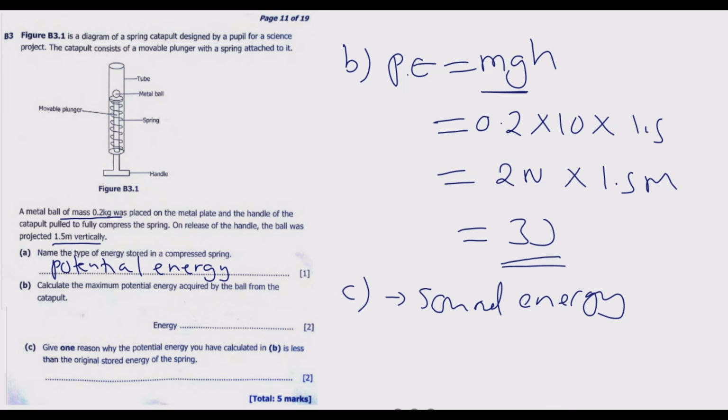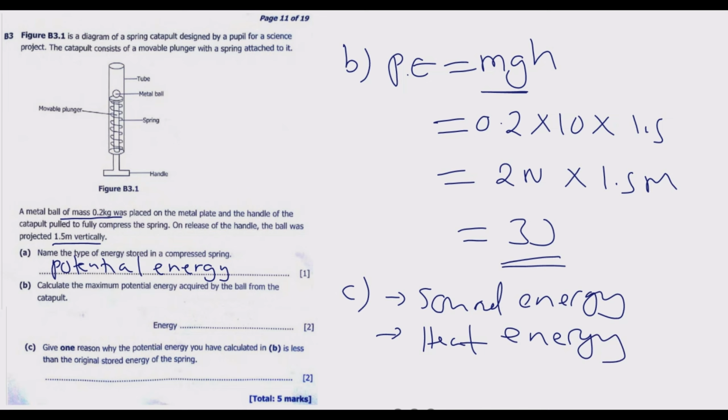Secondly, there will also be friction. Some of the energy will be lost through friction. As things shake, a small amount of heat energy is lost through friction between the ball, as you compress it, and the spring.